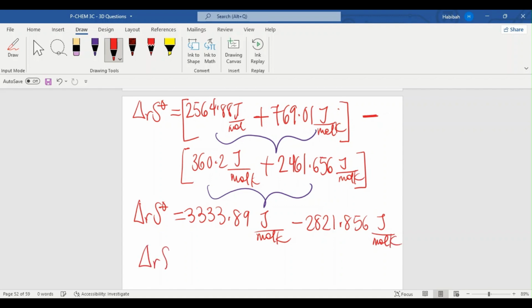The change in standard entropy of reaction will be 512.034 joule per mole Kelvin. So that is basically the answer to this question.